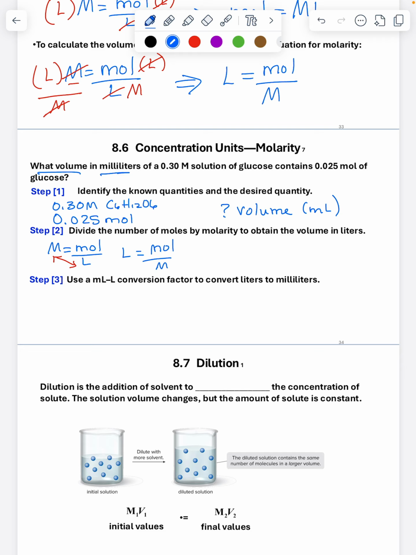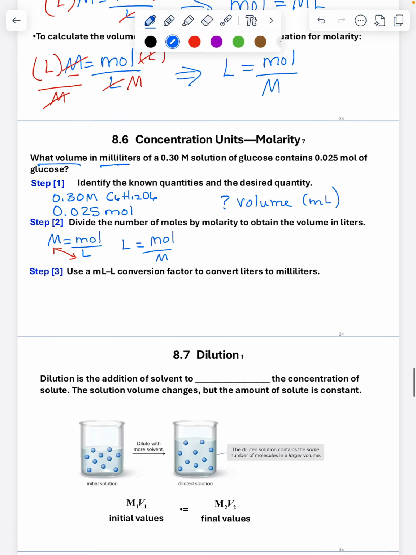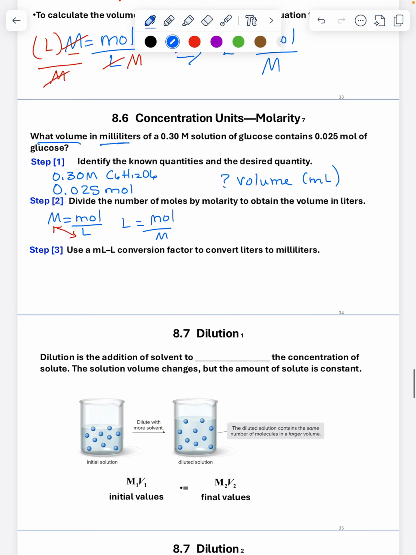So if we want liters, we're going to take our 0.025, don't forget that, moles divided by the molarity, which was 0.30 molar.